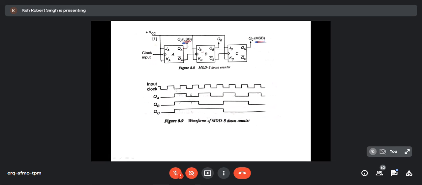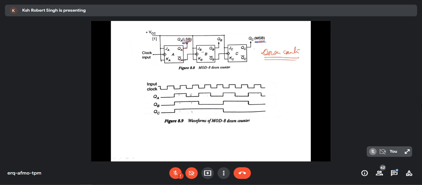But the only thing is that this triggering is being done from the bottom, from Q bar. Then this type of counter will be a down counter. If I ask in the exam, it's very simple, it will count down, just connect it opposite.